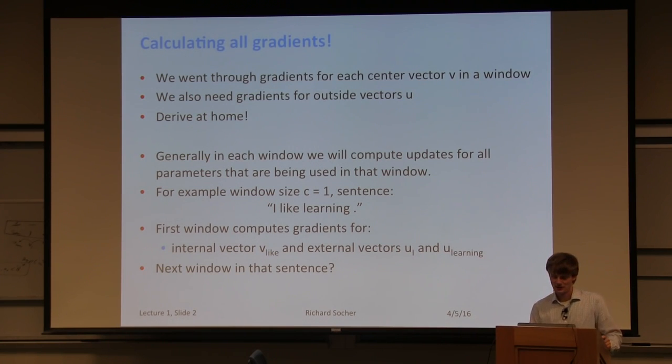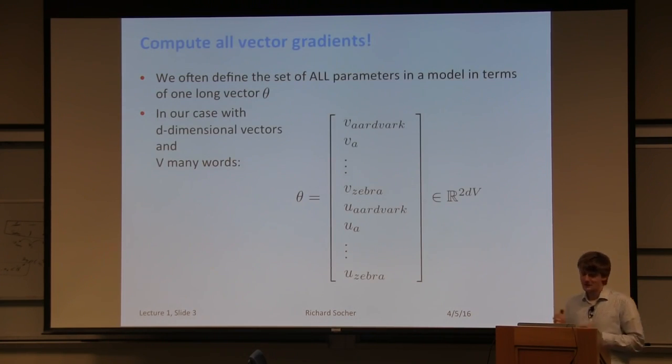Great. All right. So as we compute the derivatives for all the different parameters, we always look at our theta when we start. Theta will essentially have all the different word vectors, and we have two for each word: the inside vectors and the outside vectors.